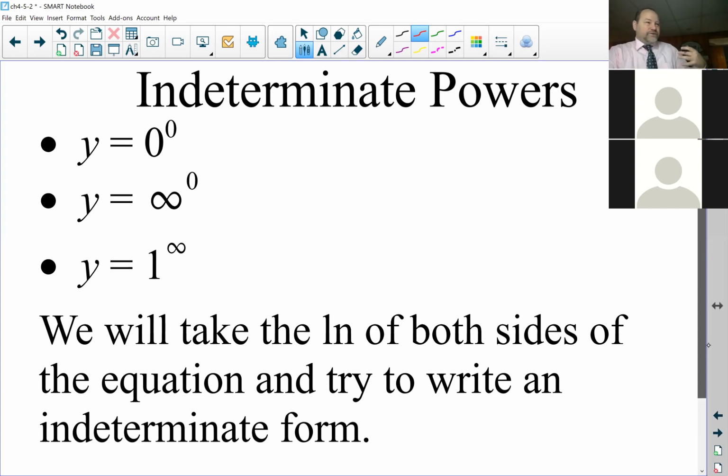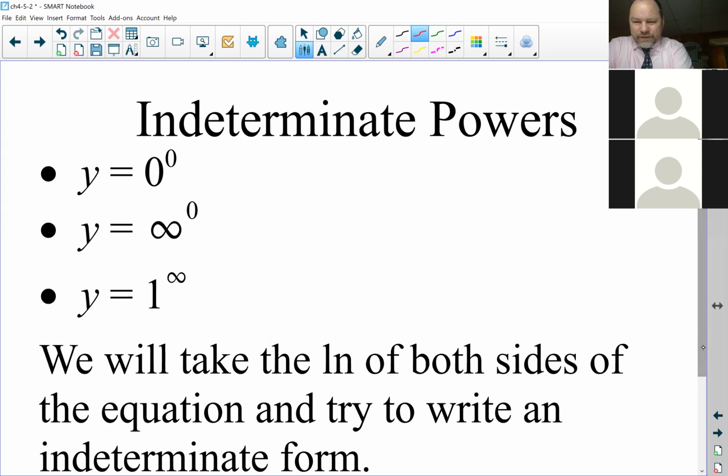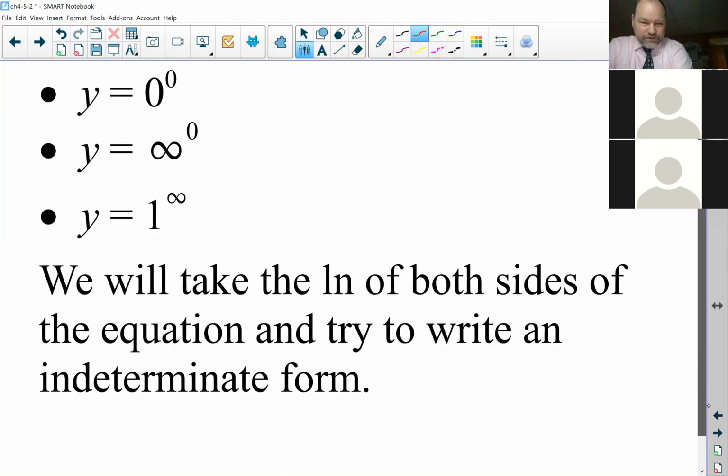Because, again, we're always told, well, 1 to any power is just 1. Well, 1 to any real number power would be 1. But remember, infinity is not actually a number. It just represents we're getting larger and larger.